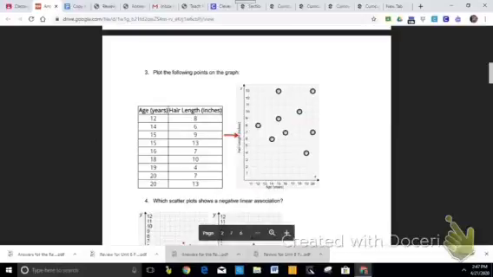So I should have 9 data points graphed. 1, 2, 3, 4, 5, 6, 7, 8, 9. Check mark. We have all our data points graphed. Remember, you can only take the post test one time, so you want to get all of them correct the first time around.